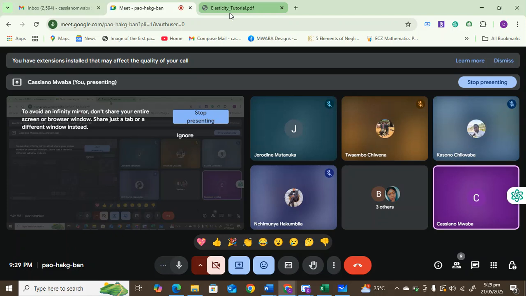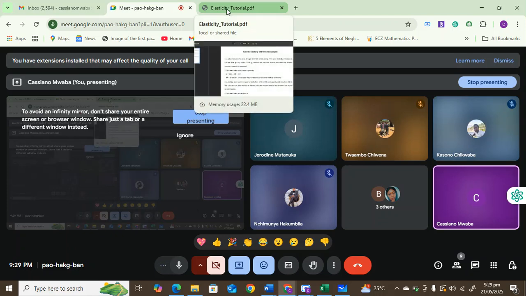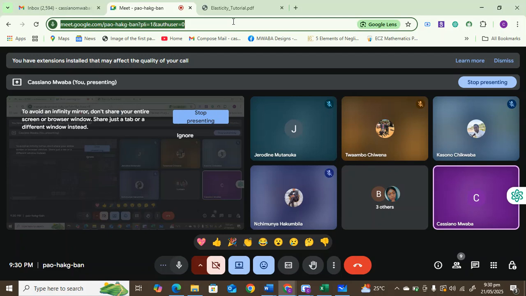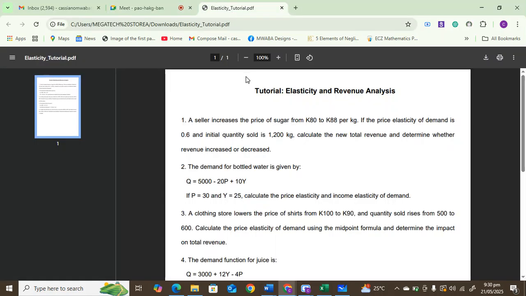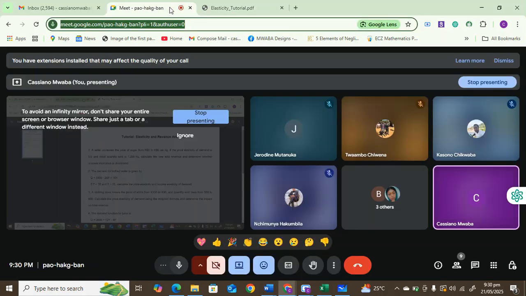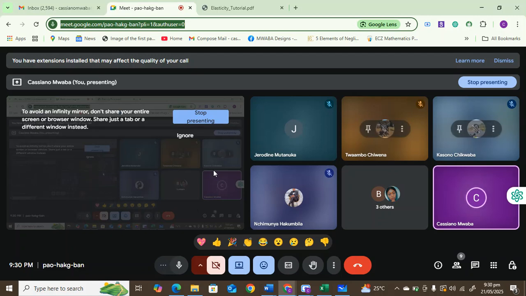Mr. Twambo, Mr. Kasono, Madam Geraldine. Colleagues, we've forgotten. Okay, price elasticity of demand.